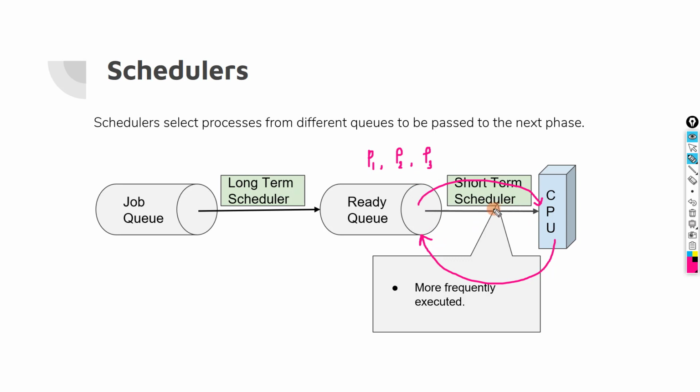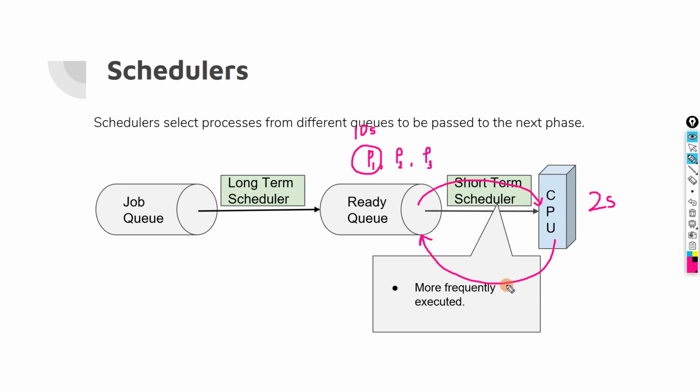Ultimately, to finish its execution or to terminate the process, let us think about a single process P1. Let us think that P1 needs 10 seconds of CPU time to finish its execution. The first time it goes into the CPU and spends 2 seconds, and then goes out of the CPU maybe for some input output.